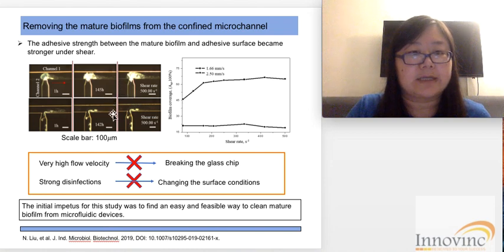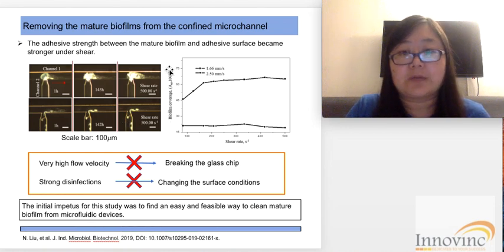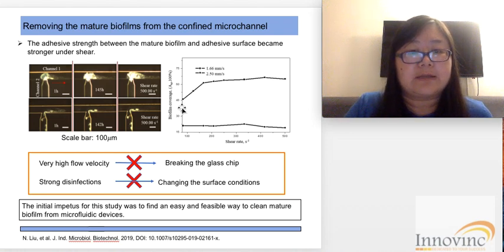But as we saw from the images, barely any detachment happened. So here we plot the biofilm coverage, which is analyzed by the pixels of the biofilms. And we find that in these 2 experiments, when we increase the shear rate, no large detachment happened.